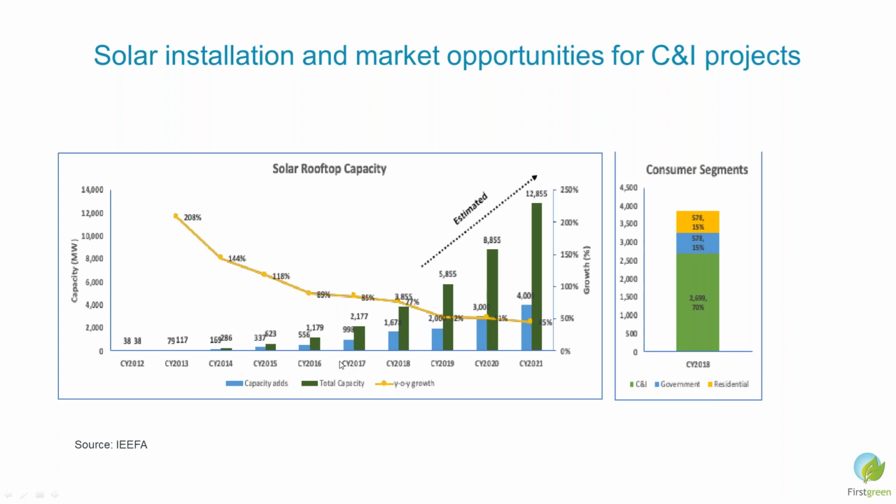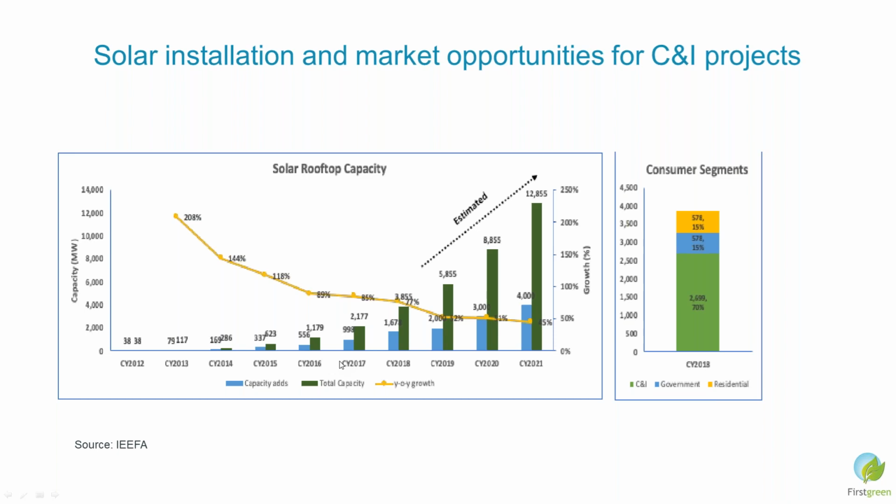If you look at the Indian market, India's rooftop installed capacity is about 5,000 megawatt. This is a bit older figure, but as of date, India has got about 5,500 megawatt of rooftop installation. Though India's total installed capacity is about 35,000 megawatt, that is 35 gigawatt, of which about 5 gigawatt plus is the rooftop capacity.